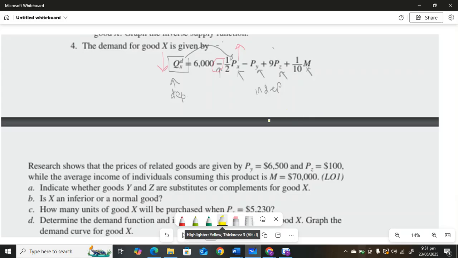Then, if you look at PY also, there is a minus sign here. So it's also telling us if the price of good Y goes up, quantity demanded for good X is going to go down.